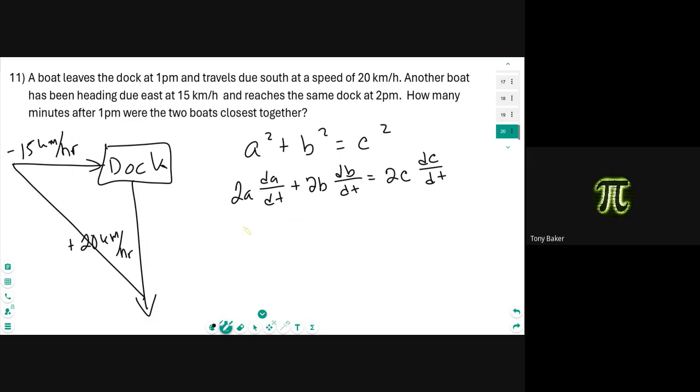So what piece of information do we know? Yep. Well, we don't know what A and B are. We know what dA over dt is. Or what's A and B? A and B is not 15 and 20.